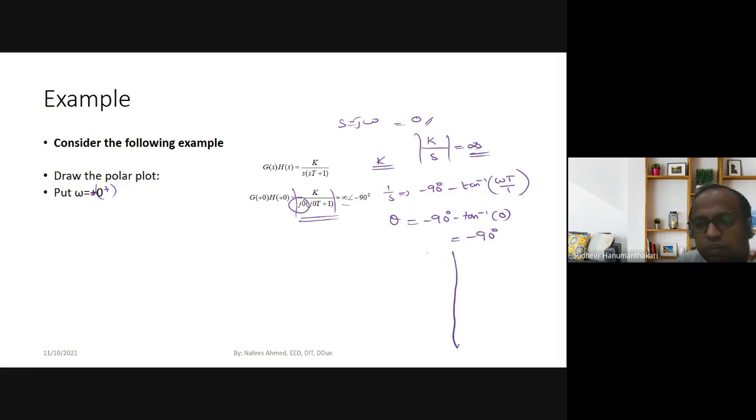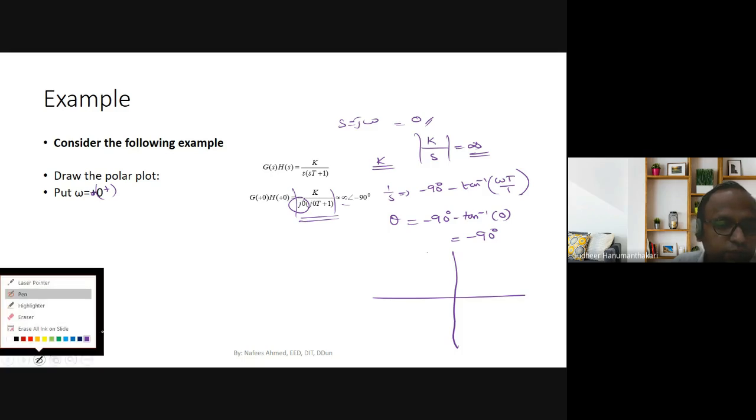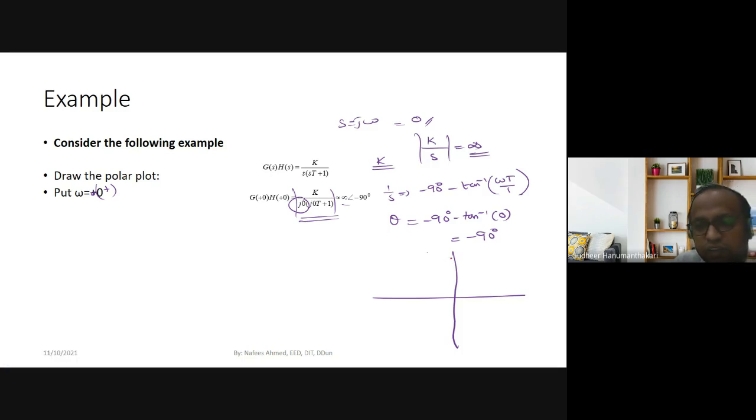How can you plot that? That is plus infinity at minus 90 degrees. Let this point be plus infinity at minus 90 degrees. Now, slowly when omega is equal to infinity, what will happen?